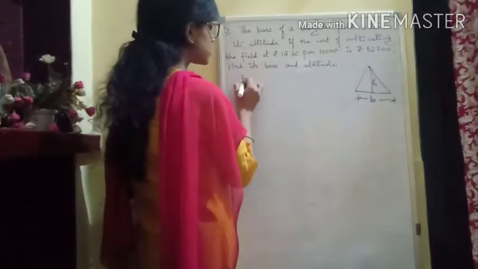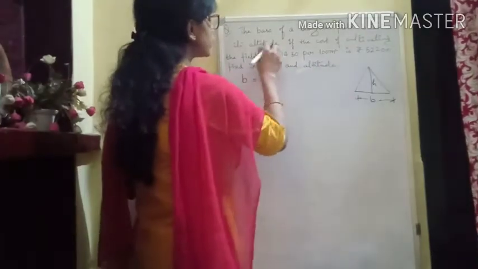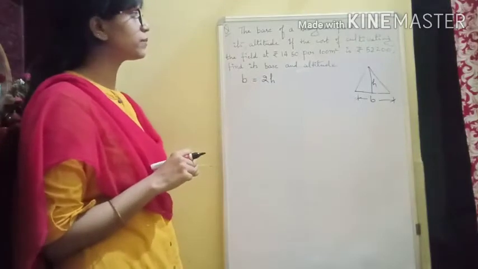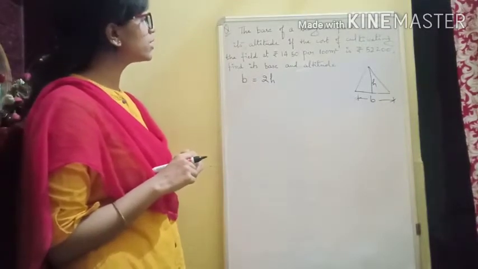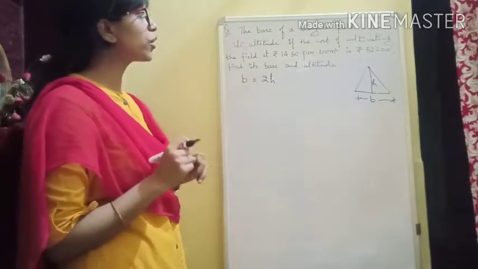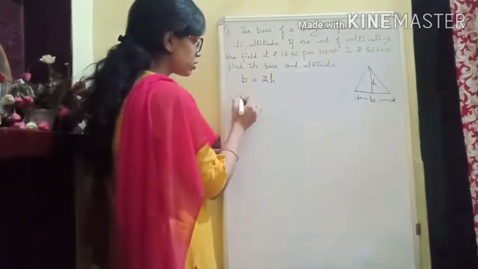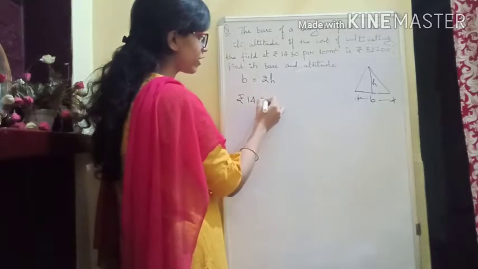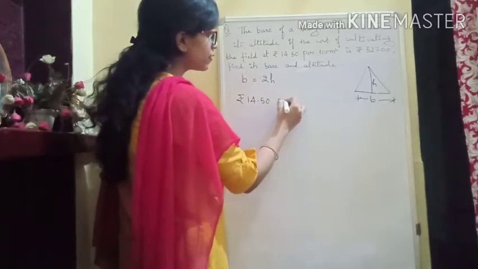So the base is twice of its altitude, that means 2 times its altitude. This information they have given. If the cost of cultivating the field is rupees 14.50 per 100 meter square.